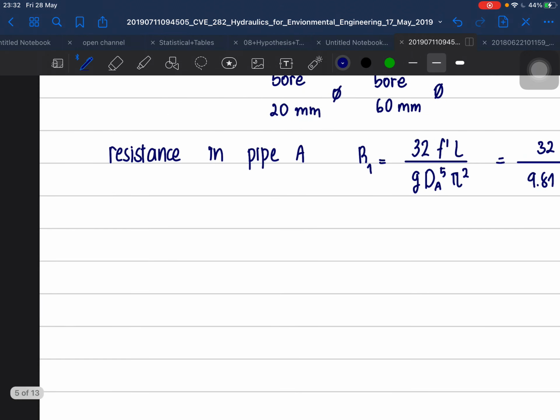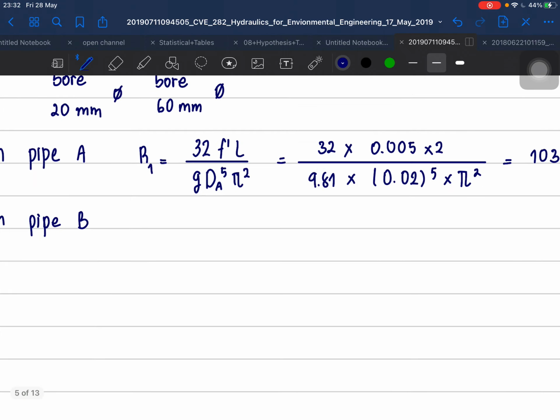Okay, so now we can move on to the resistance in pipe B. So in this pipe B, you can write R2 because we can say that there are 5 different sources of pressure loss.